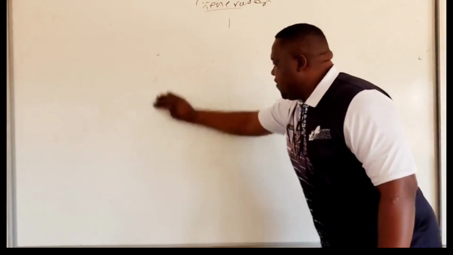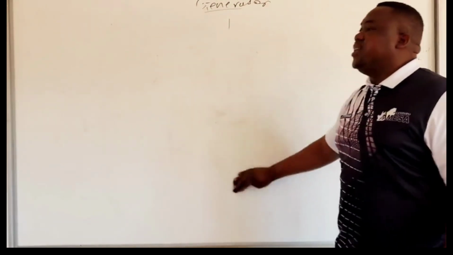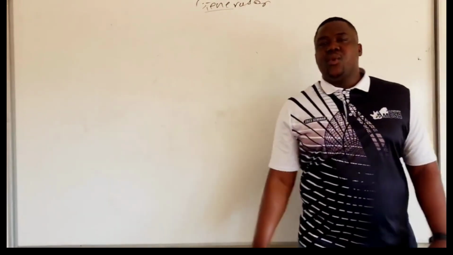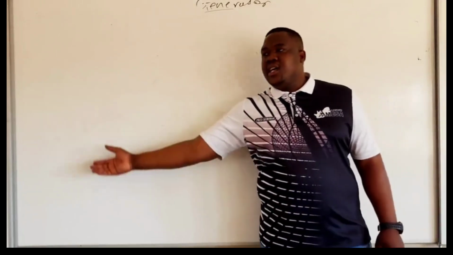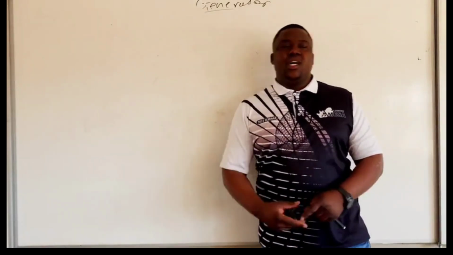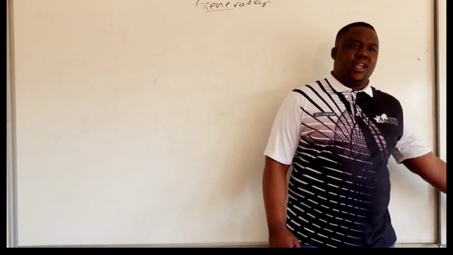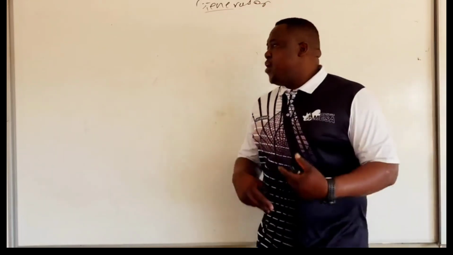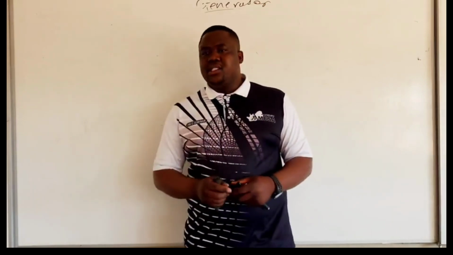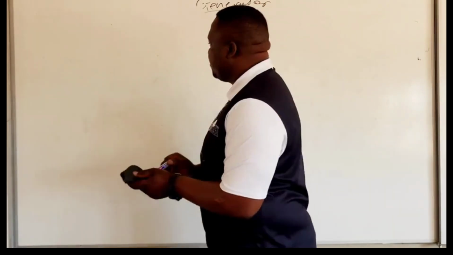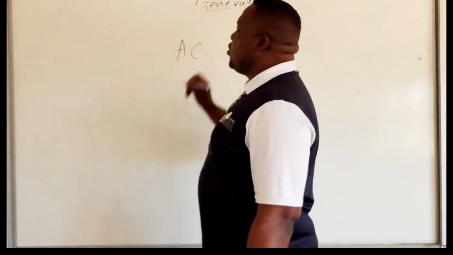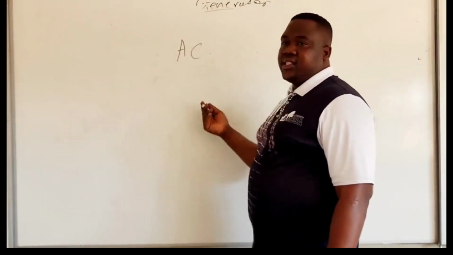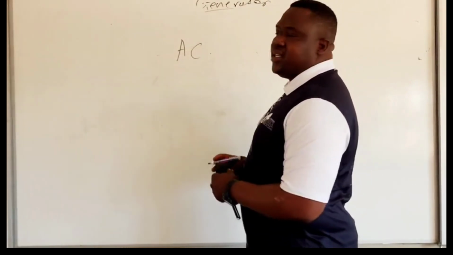Because the only difference between a DC and an AC is the way in which current moves. With the AC, current is alternating. With the DC, it is direct current. Current is moving in the same and continuous direction. So if you have an AC and you want to make it a DC, what do you do? You change the rings.